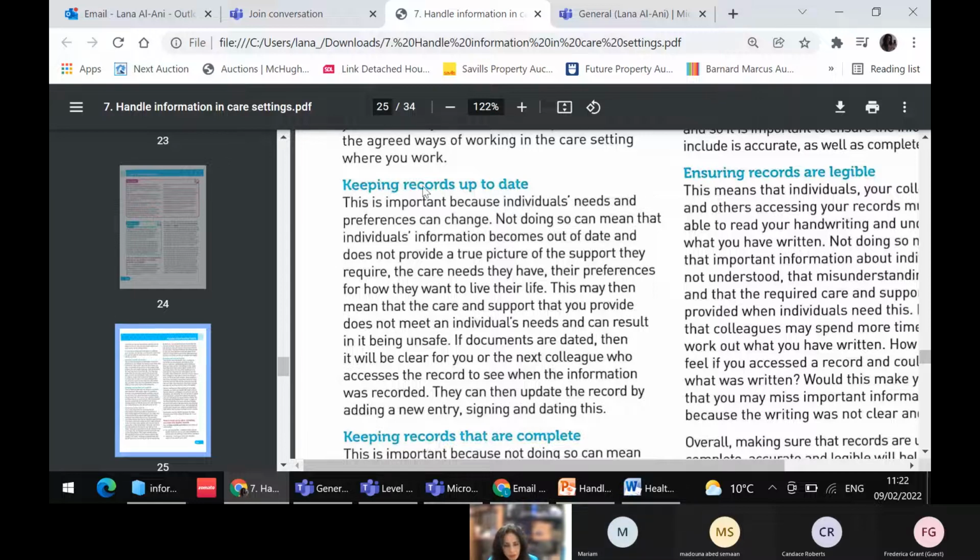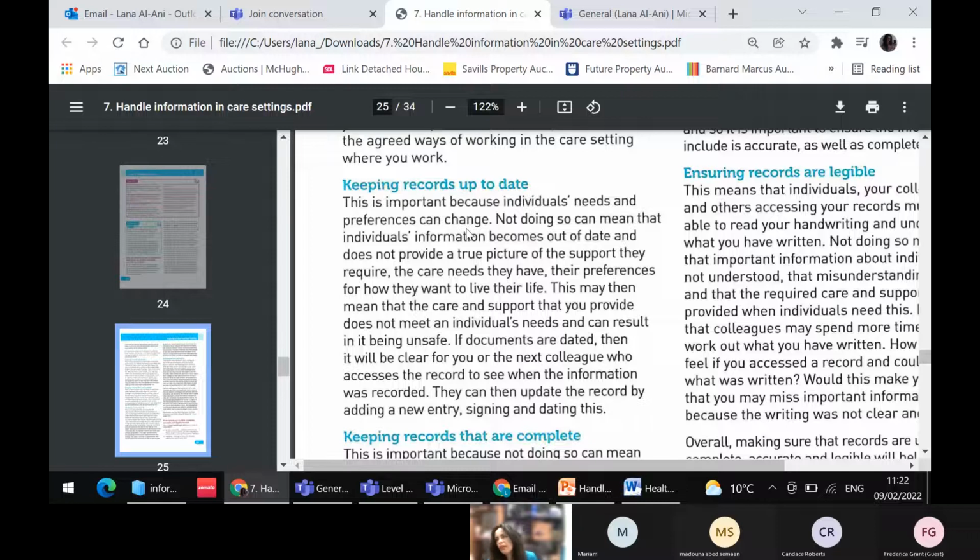And also, so you see here, keeping records up to date. This is important because individual needs and preferences change as well. It's not only about emergencies, but their preferences and needs are changing.